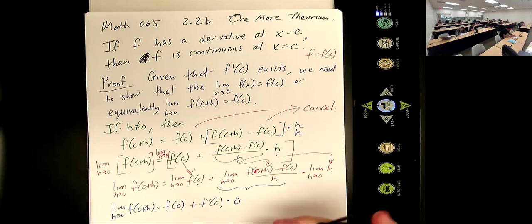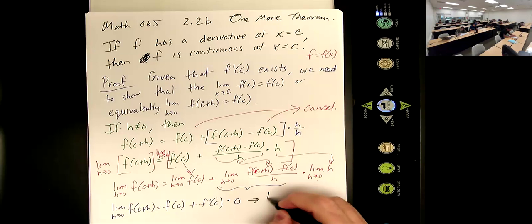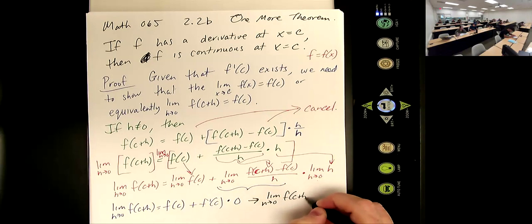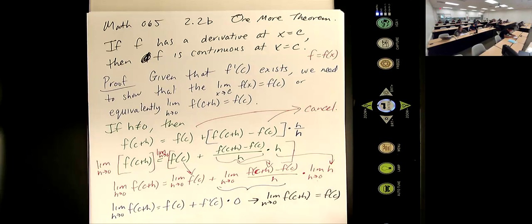So we can see the multiplying by 0 cancels it out. We have the limit as h goes to 0 of f of c plus h equals f of c. And we proved what we needed to prove.